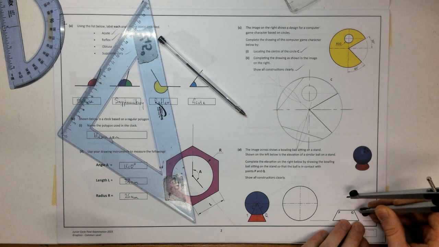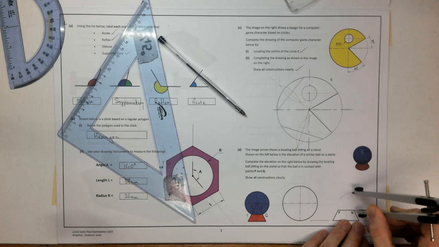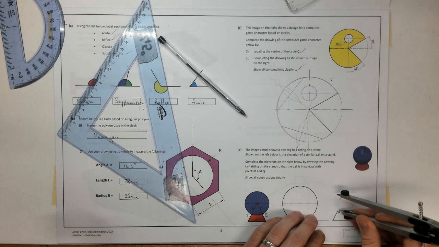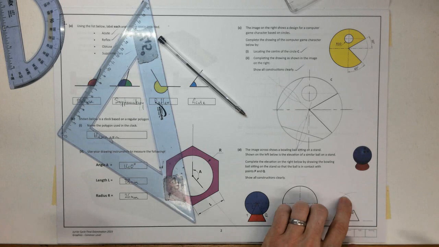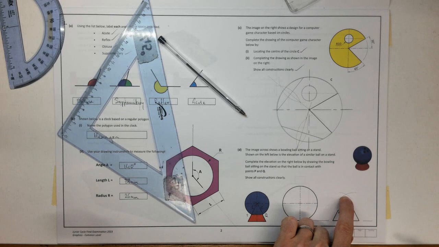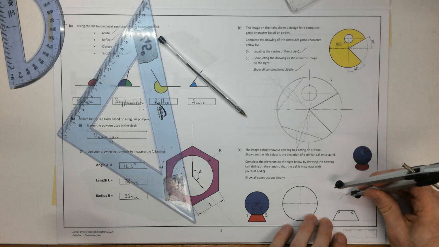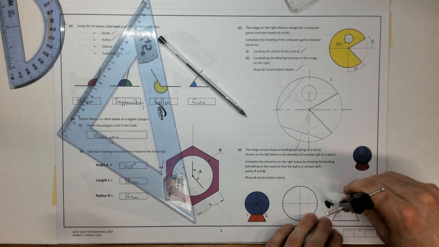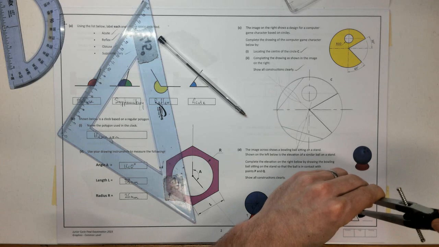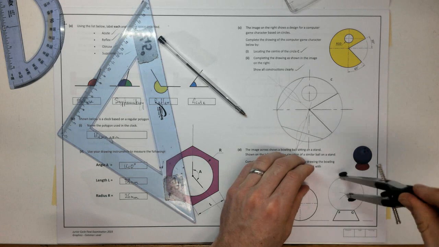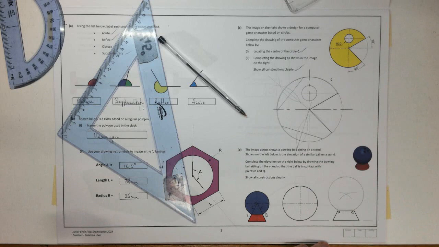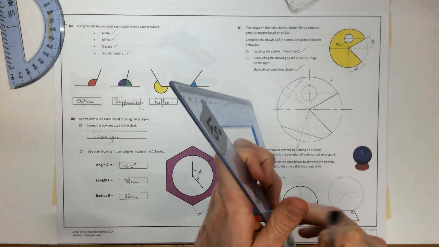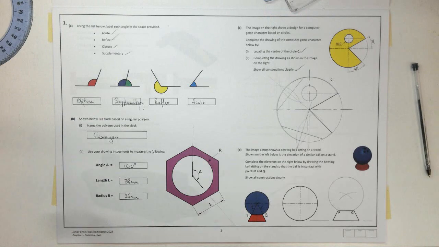And from Q, now swing an arc. From P, swing an arc. So that now is the center of our bowling ball when it's touching off of P and Q. So I can draw that in the center. Okay, so there we have our bowling ball touching off of P, touching off of Q. So that's question D completed also. Right, so that's our first page on that exam paper, question 1 completed.